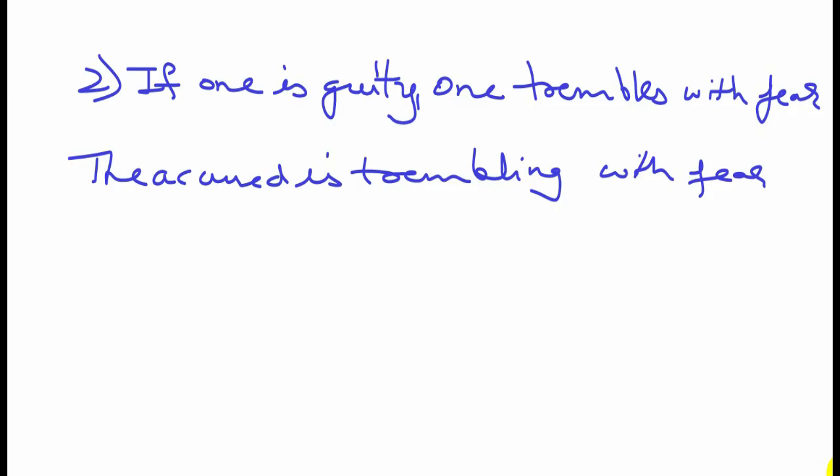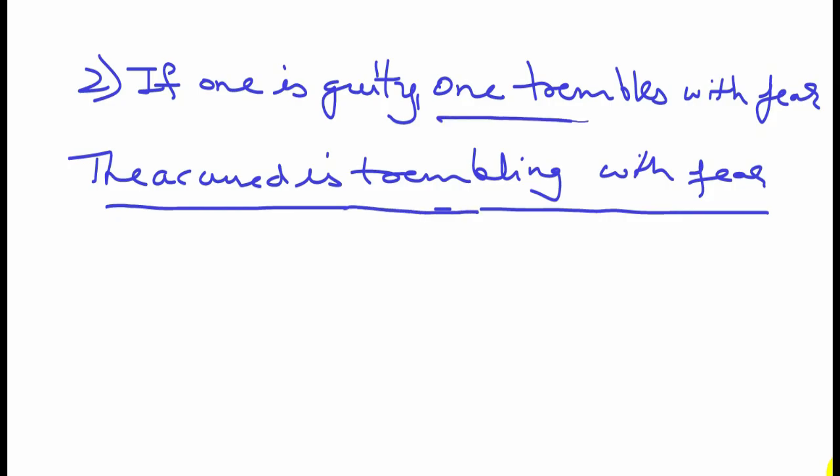So we are affirming the consequent. And when the minor premise affirms the consequent, this is the consequent. And the conclusion affirms the antecedent. The accused is trembling with fear is the consequent. Therefore, the accused is guilty.